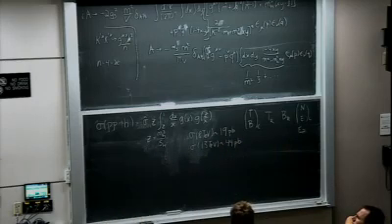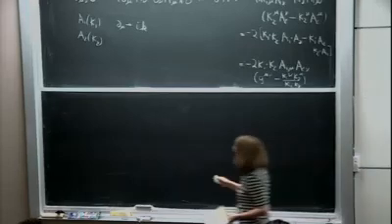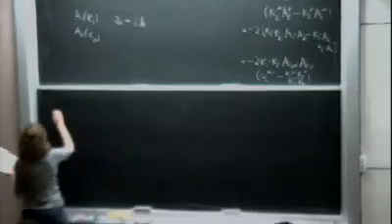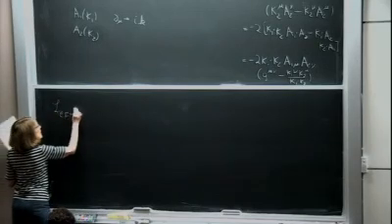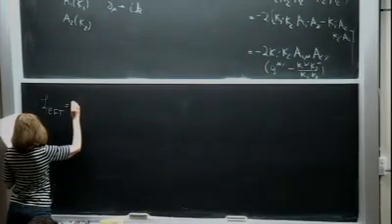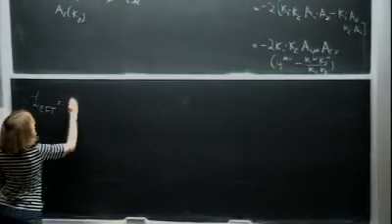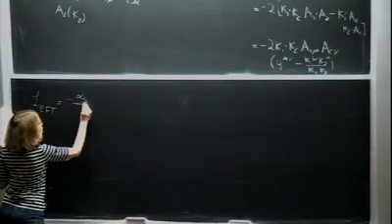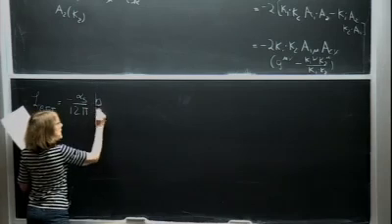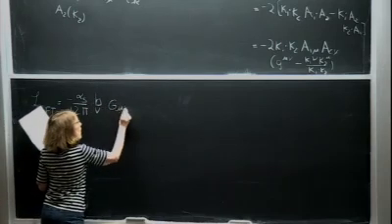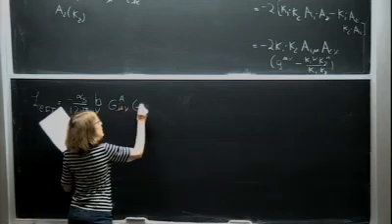So if I started from a Lagrangian, L effective equals minus alpha S over 12 pi H over V G mu nu G mu nu.